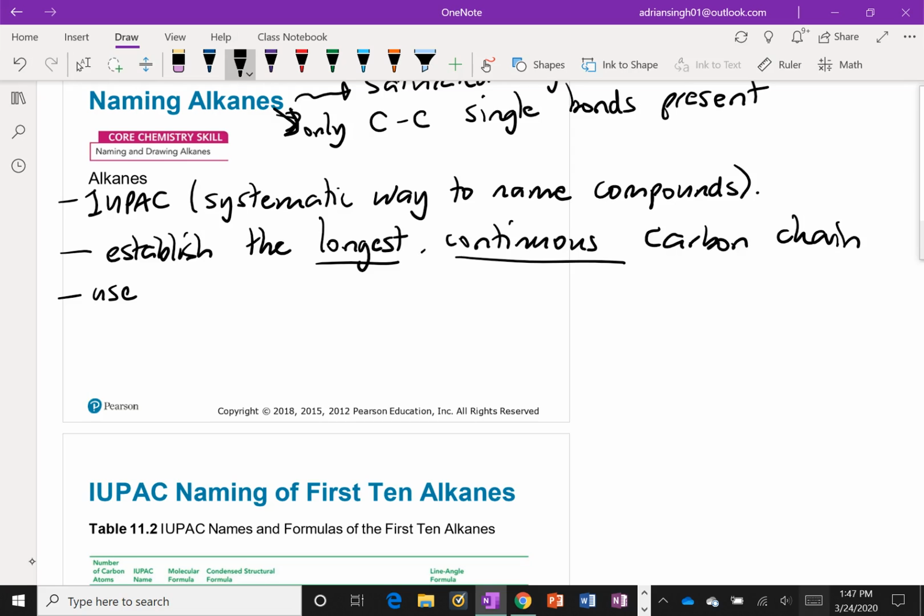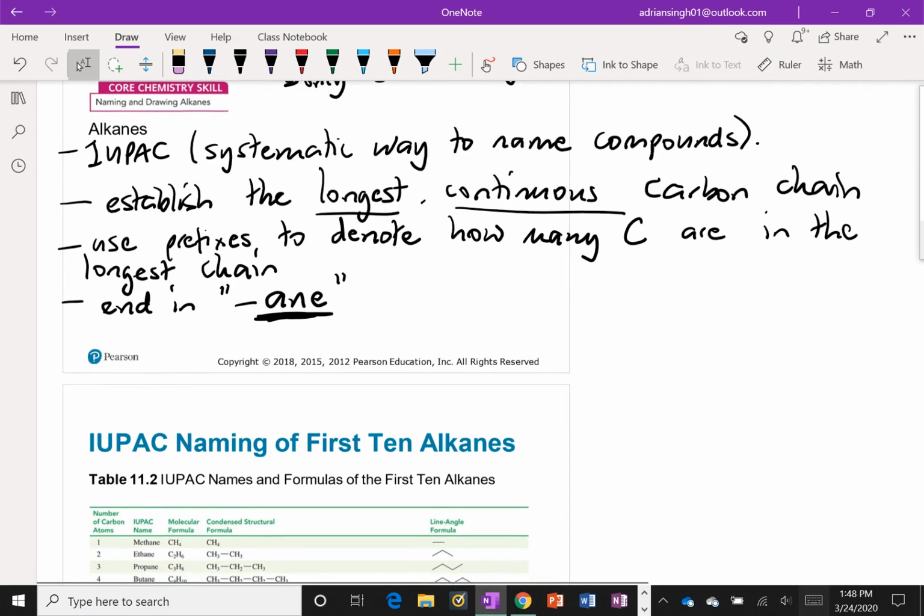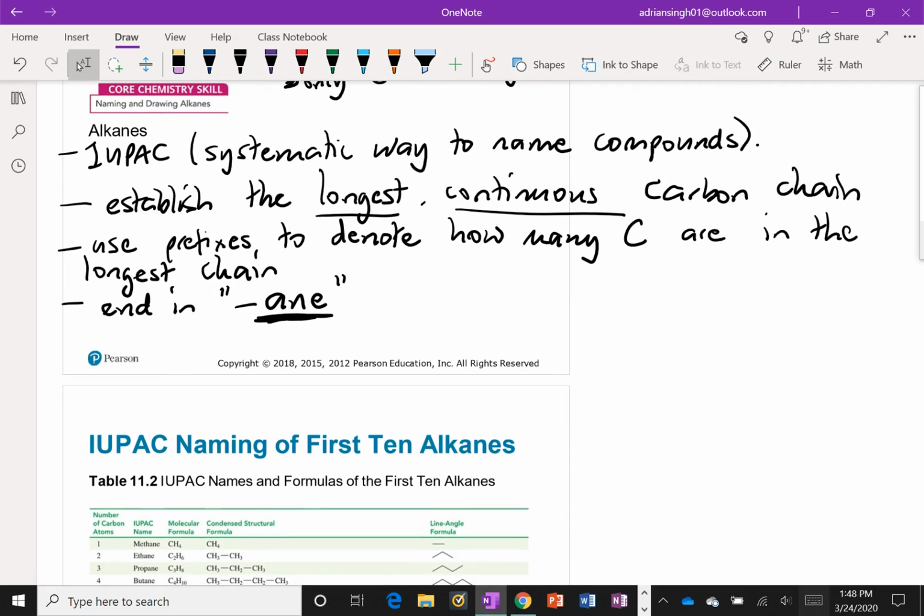And then we're going to use prefixes to denote how many carbons are in the longest chain, and the name for the alkanes will all end in ANE. Right, so that's a clue right away that you're dealing with an alkane, the fact that it ends in that ANE.